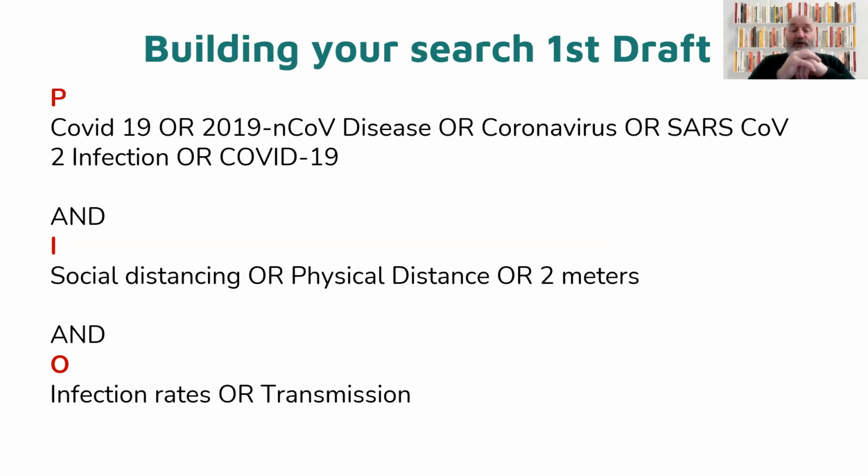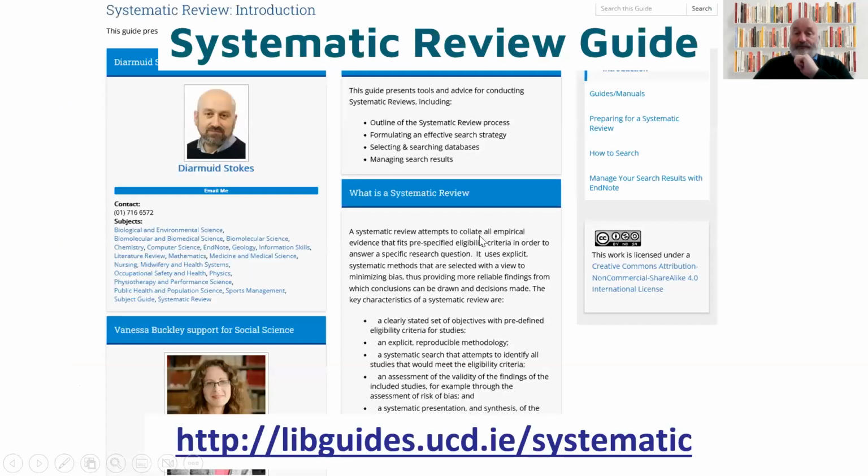That was going to be the first draft of my search. And it makes it very easy to understand the logic of what I'm planning to do. So that's as far as we're going to be taking the process today.